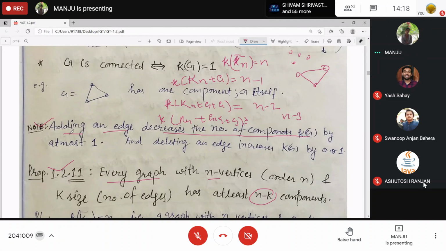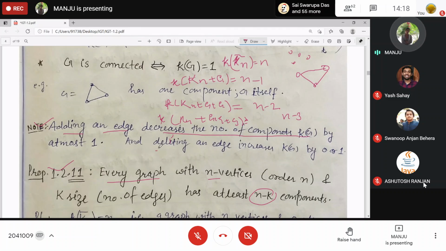Here also you can use at least n minus 1, at least n minus 2. Why? Adding an edge decreases the number of components by either 0 or 1, so at most 1. Then the number of components will be at least n minus 1, then n minus 2, then n minus 3, and so on. For 4 edges, it will be n minus 4.